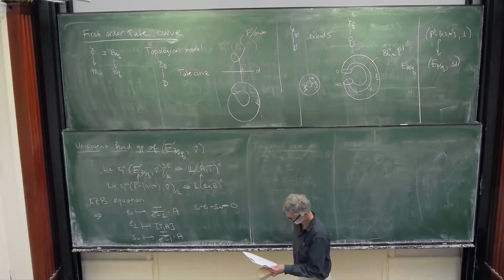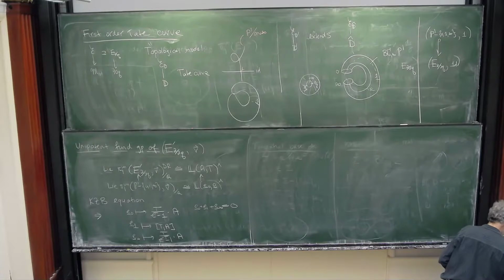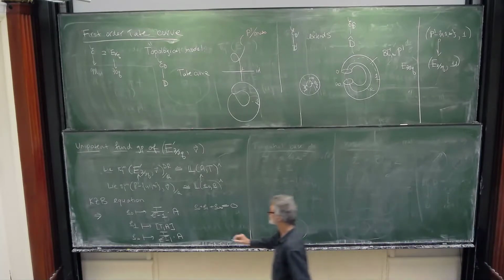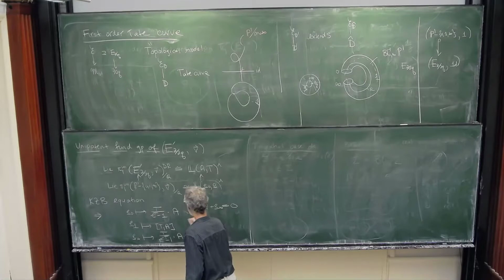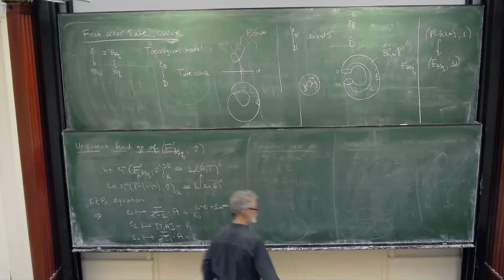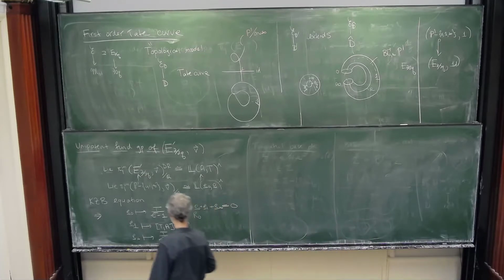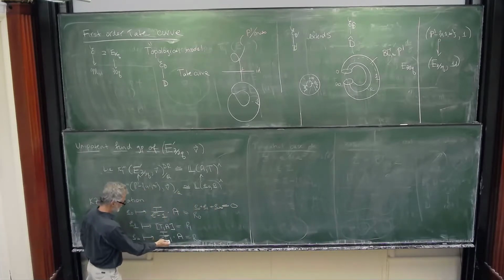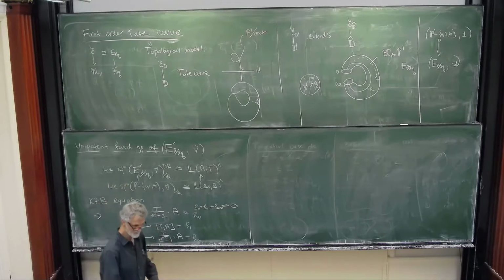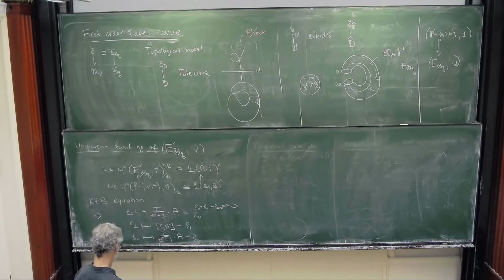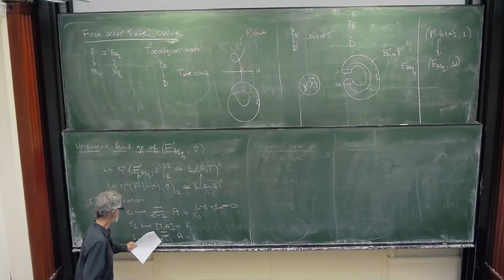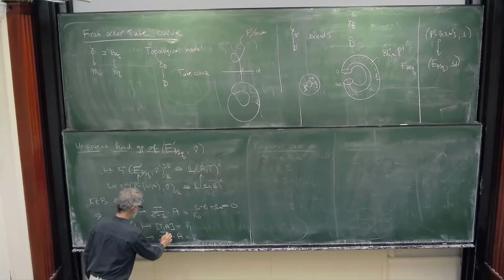So, oh yeah, and I want to give these guys names, so I don't have to write them down. I'll call this guy R0, R1, and I'll call this guy R infinity. They do add up to 0, I think so, because you multiply top and bottom by e to the t, and you'll put a 1 here.